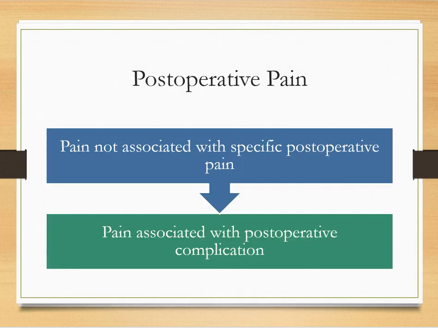Next up, we're going to look at postoperative pain. One rule that I think is very consistent throughout the guidelines is that for situations when we're coding postoperative pain, the provider's documentation has to guide you. Now, postoperative pain should not be assigned with a specific post-op complication.